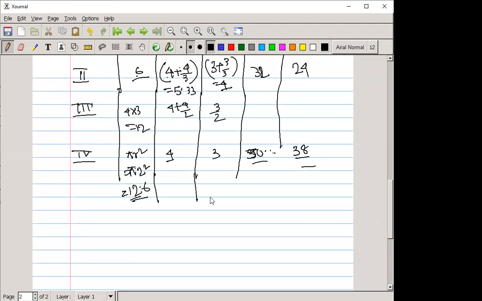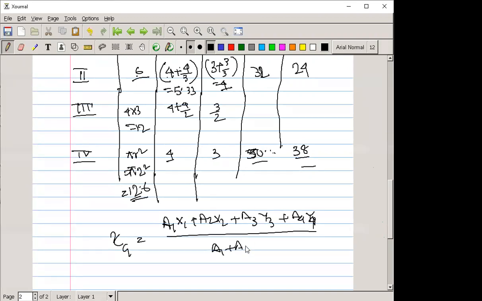So if it is like that, what we have to do is simply xg is a1 x1 plus a2 x2 plus a3 x3 plus a4 x4 divided by a1 plus a2 plus a3 plus a4.